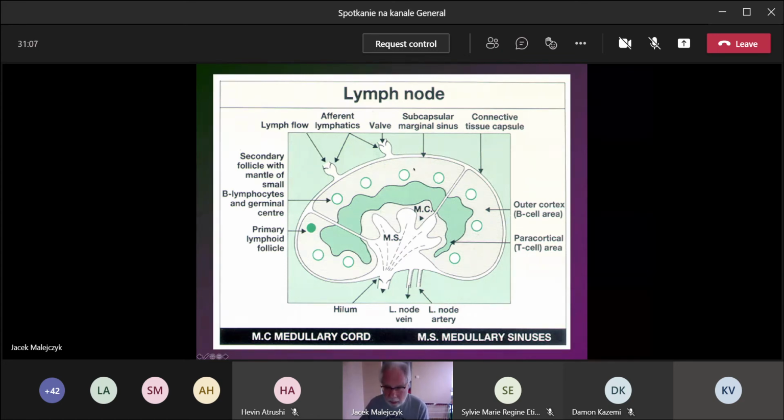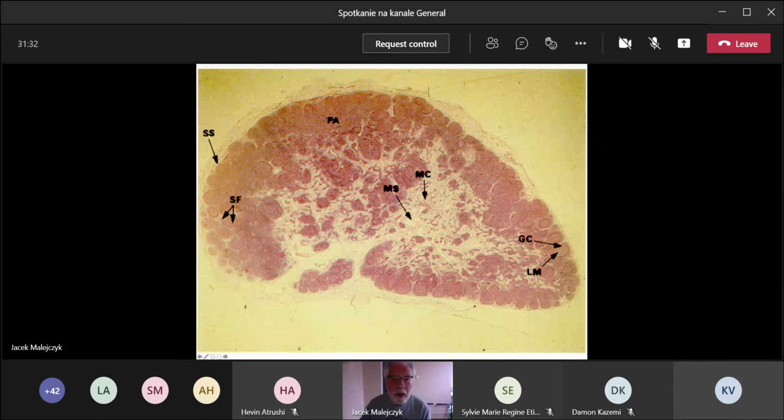What is important to stress is that lymphatic cells usually do not get into the lymph node via lymphatic flow. They actively come with blood vessels. So the lymph node is colonized by the cells which are coming with the blood, in general, of course.